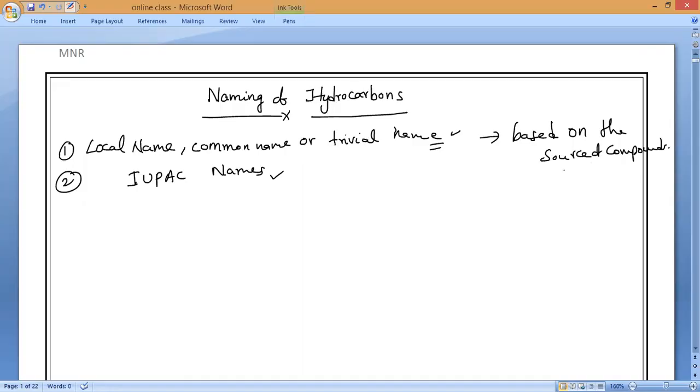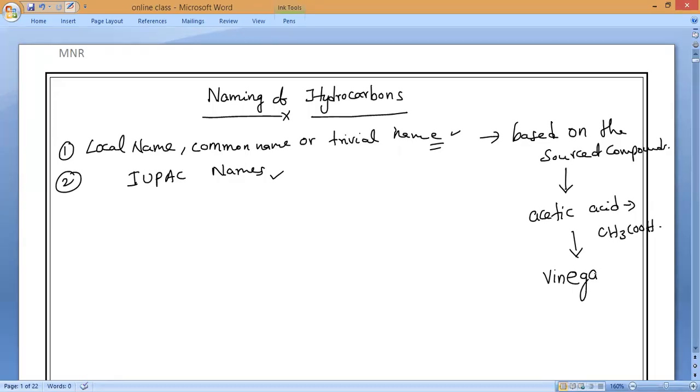For example, we are all familiar with acetic acid. What is the formula? CH3COOH. Acetic acid we also call ethanoic acid. Where is acetic acid coming from? What is the source?